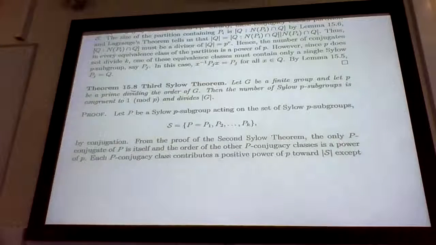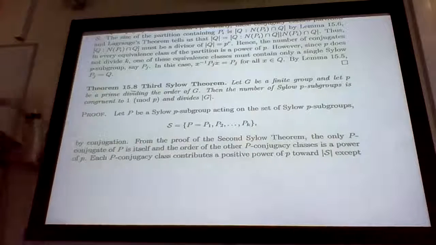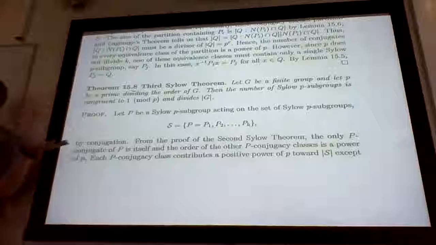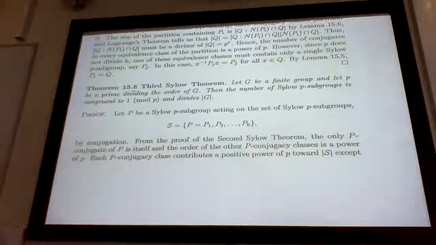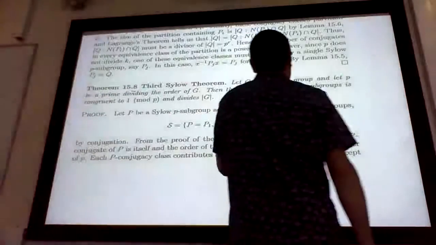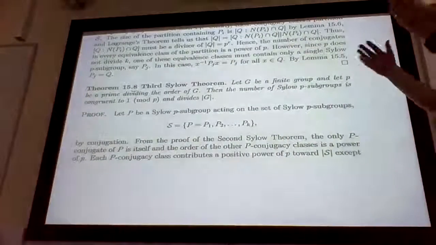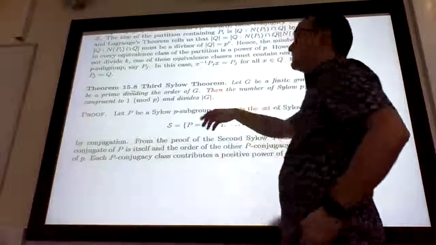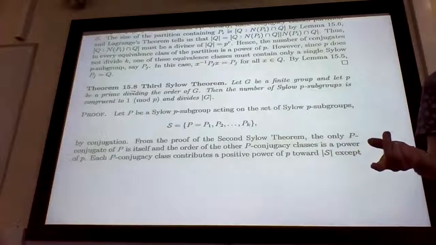Let's look at the third Sylow theorem. Again, it's just continually talking about this concept, the Sylow P subgroups. The second one said they're all conjugate. This third one doesn't quite tell you how many of them there are, but it gives you conditions on the count of the number. Two very useful conditions. So let G be a finite group, let P be a prime dividing the order of G. So there are Sylow P subgroups.